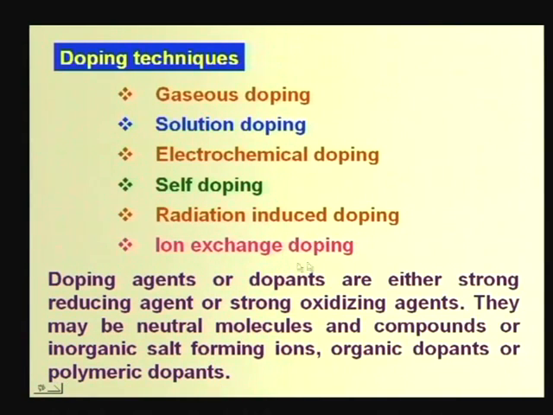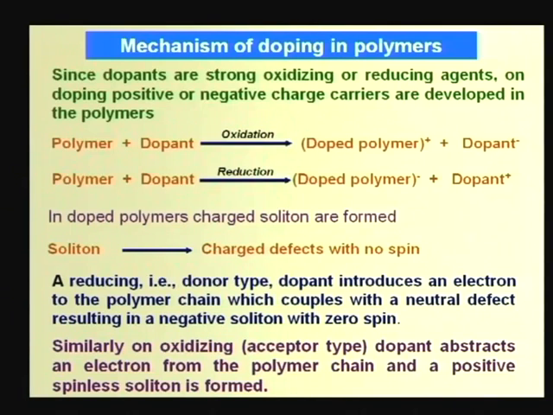So, you see these few words give a vast scope of work on conducting polymers, and people are doing work. If you are interested, yes, you can do. I am giving you the basic concepts only. It is highly interesting.